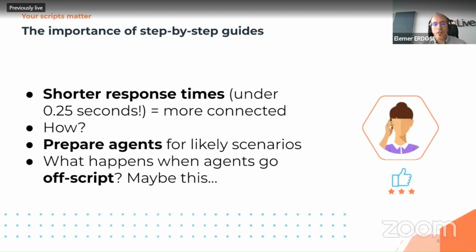One key method is preparing your agents, and not only by training them, but preparing them with most of the most likely scenarios that they can face during the calls, either in a chat or via emails. And then it comes together.